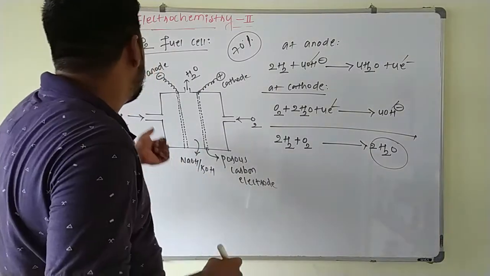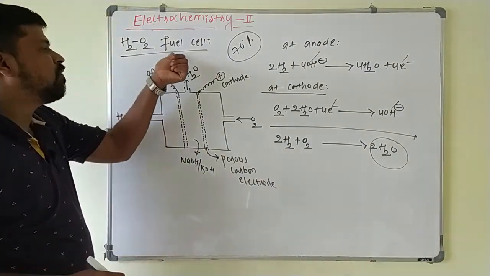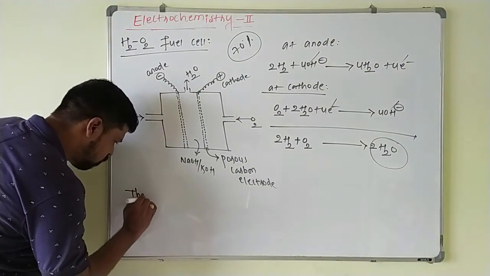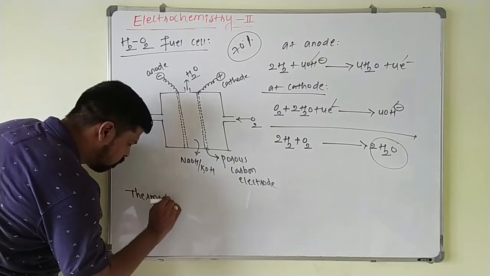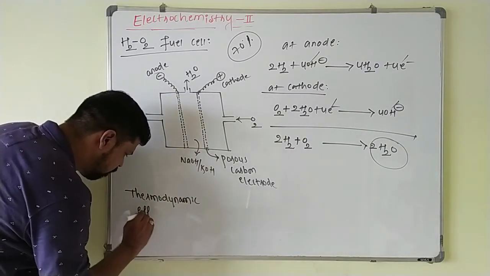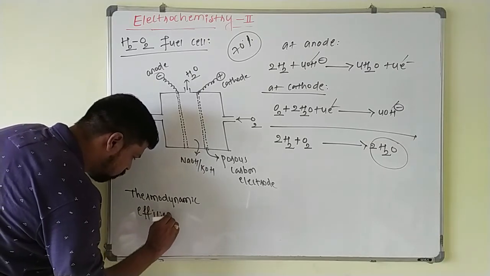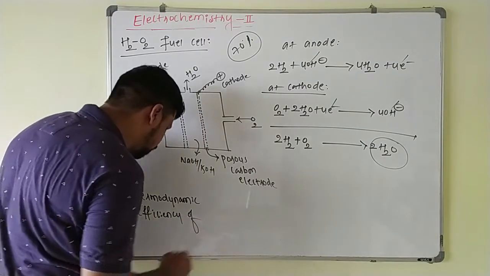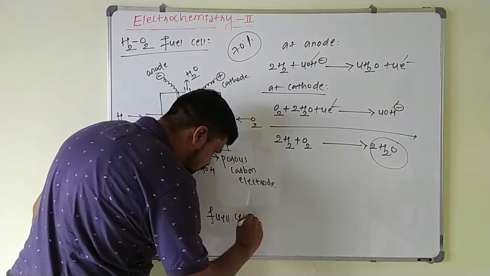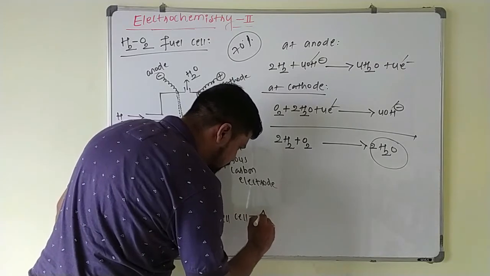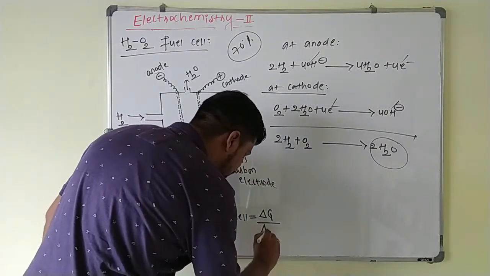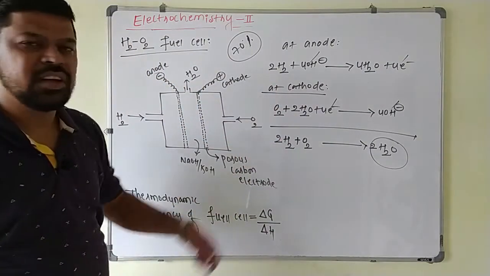Now the thermodynamic efficiency of the fuel cell is equal to the change in Gibbs free energy, that is the decrease in Gibbs free energy, divided by the enthalpy of the reaction, this redox reaction.